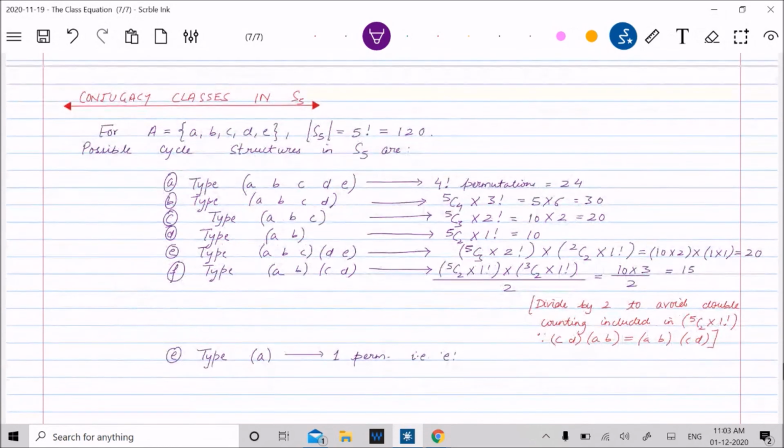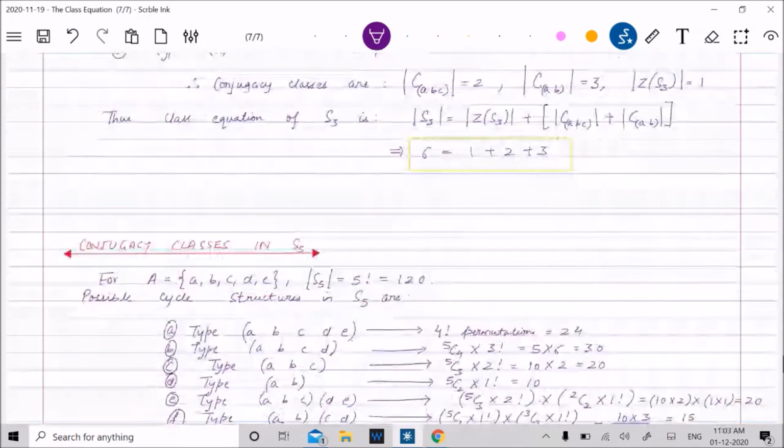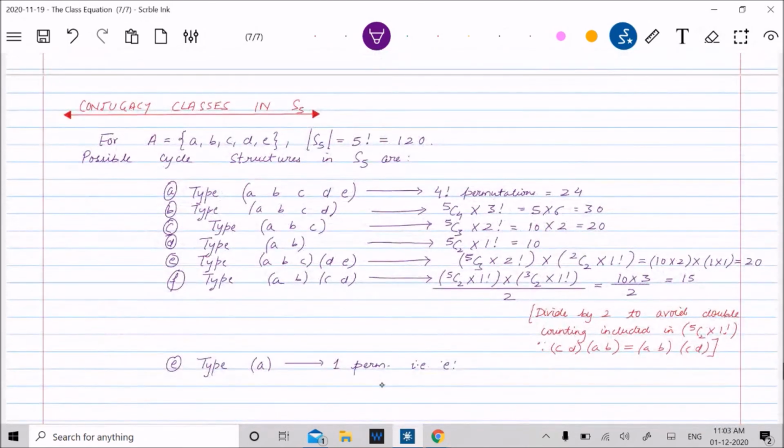Now I can comfortably write the class equation. First I will write the conjugacy classes, and then I will write the class equation. I'm actually writing the size of conjugacy classes. So size of conjugacy classes, right? Okay, so first is 1, and then the 5-cycles A, B, C, D, E, these are actually 24 in number, right?